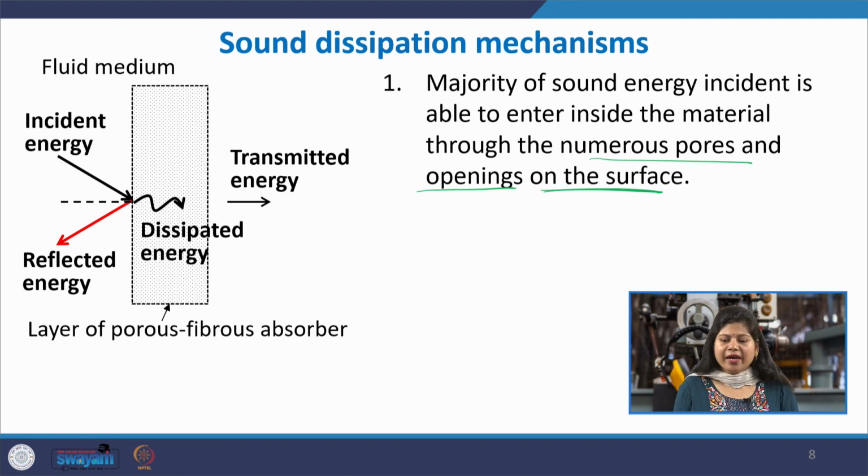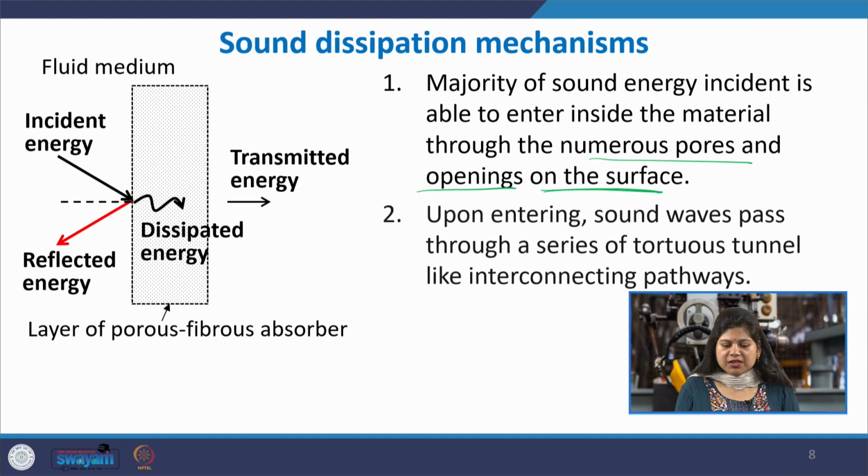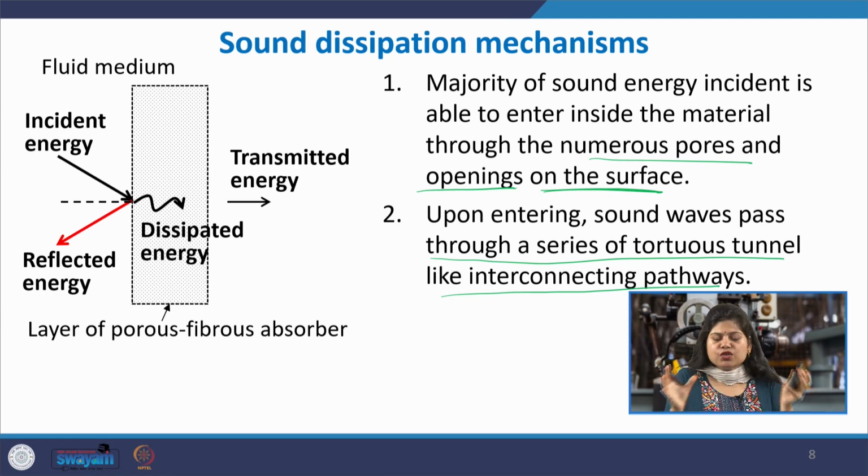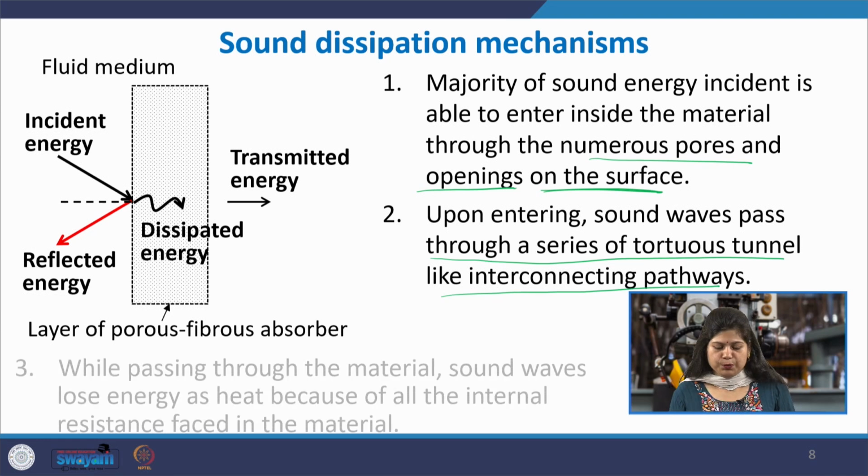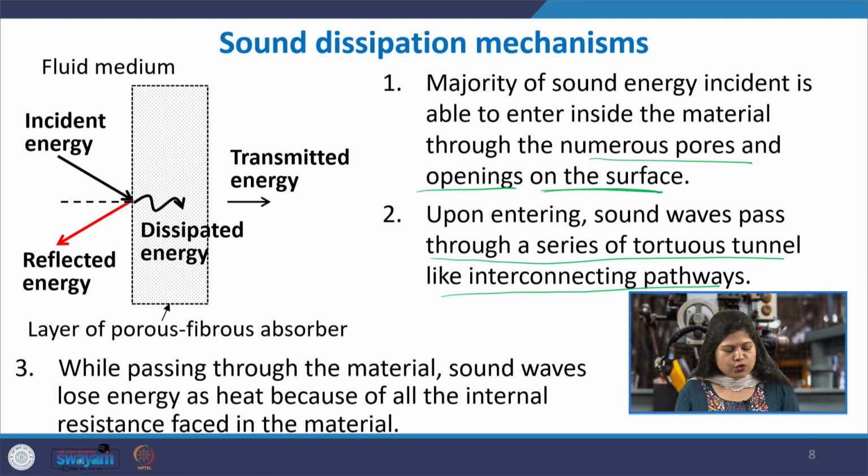Upon entering, the waves pass through a series of tortuous, tunnel-like interconnecting pathways, because of the randomly arranged fibers or randomly interconnecting pores. While passing through, most of their energy gets lost as heat because of the internal resistance they face within the material, and by the time they reach the other end, the transmission also drops.